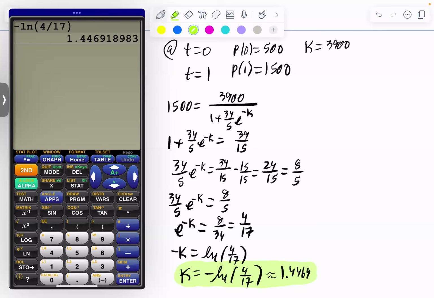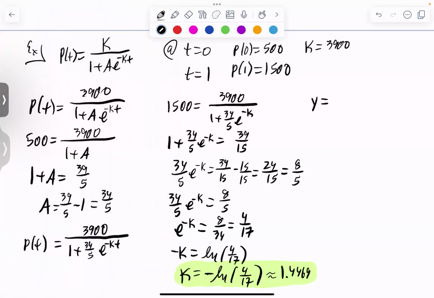Okay, so we are back to our original function, P of t, which is now 3,900 over 1 plus 34 over 5 e. Now be careful, the k is negative and there's a negative in the formula, so the negatives are gone.